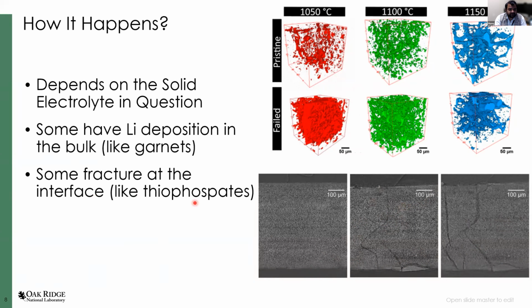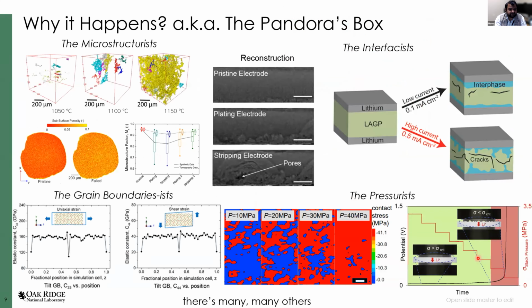With thiophosphates, these are softer materials, sulfides, we see that a crack forms at the interface, and then you form this vertical crack through the bulk, and then that gets expanded more and more. With garnet-like materials, we see that we have deposition in the bulk of the material, and not something that is more interfacial.